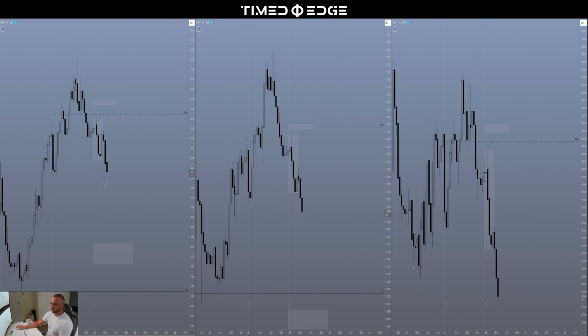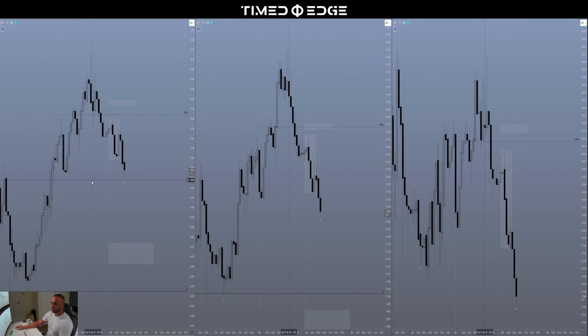We are keeping an eye on this potential low, 6B's previous day's low here. Yeah, so previous day's low here, we don't want to see that swept.